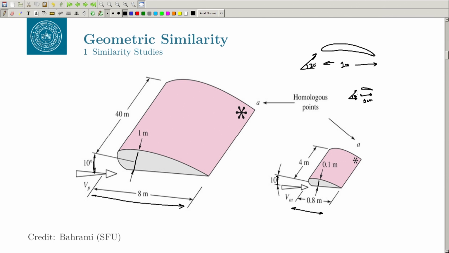We can talk about the kinematic similarity. What the kinematic similarity says is that at two corresponding points between the model and the prototype, the velocities are in the same direction and must be scaled by the same factor, at any two locations. Let us say on this particular wing, we are talking about a height somewhere here.